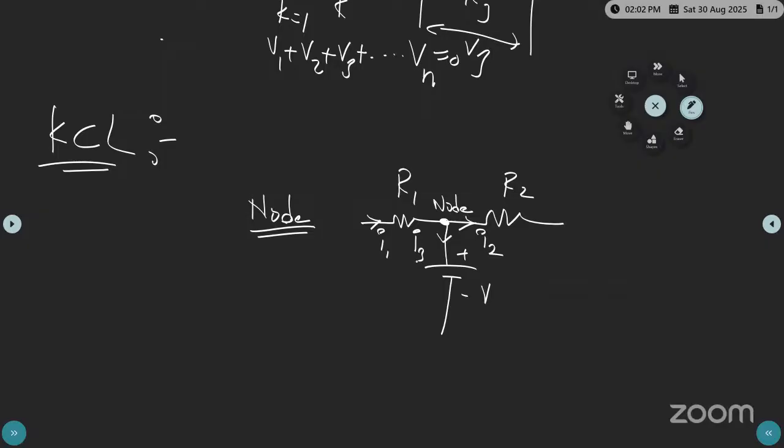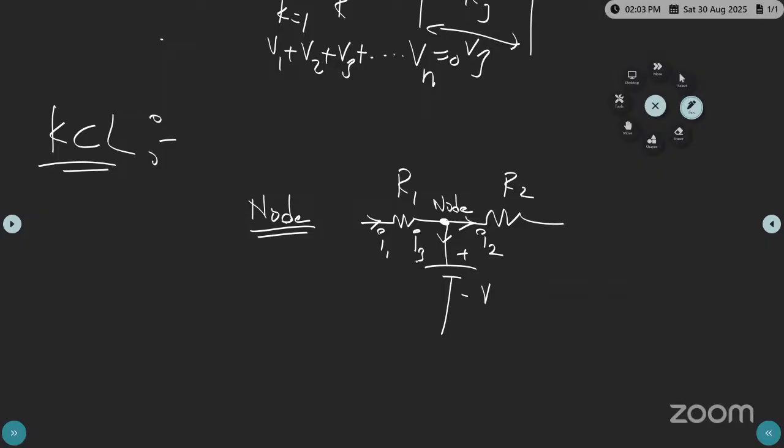Or the other definition: at a node, the algebraic summation of currents entering the node is equal to the algebraic summation of currents leaving the node. Two statements are valid.